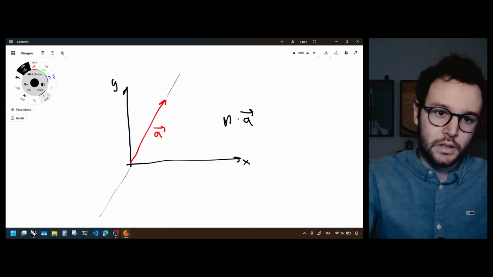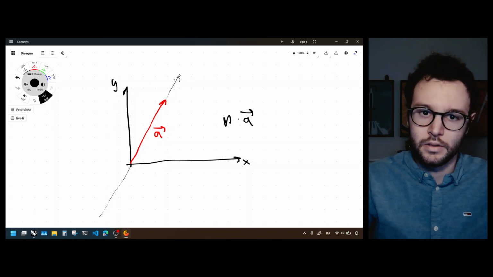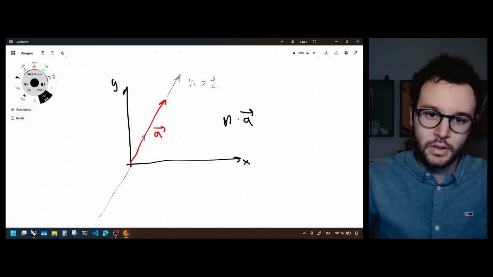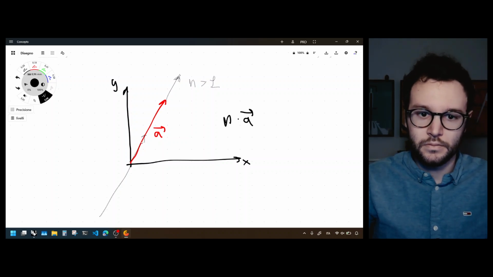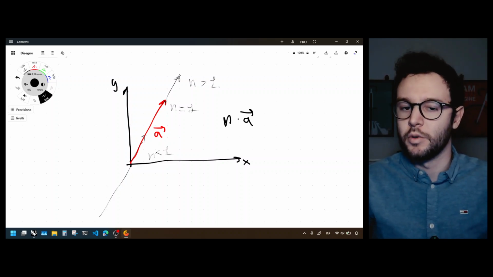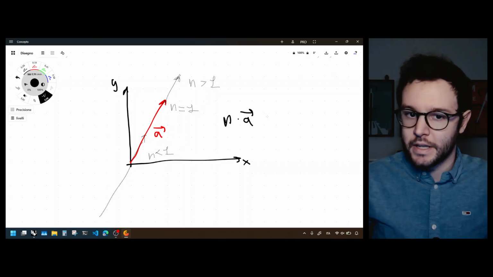It would be longer like this if n is greater than 1, shorter if n is less than 1, and of course the same if n equals 1. Okay, so these are the result of multiplying a vector by a scalar.